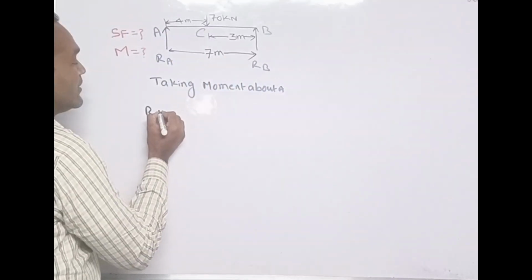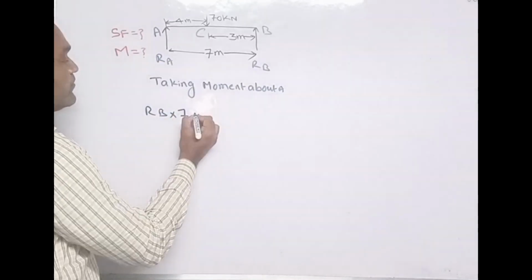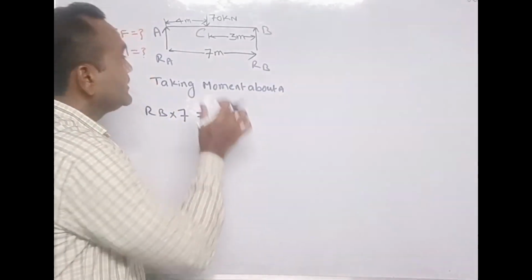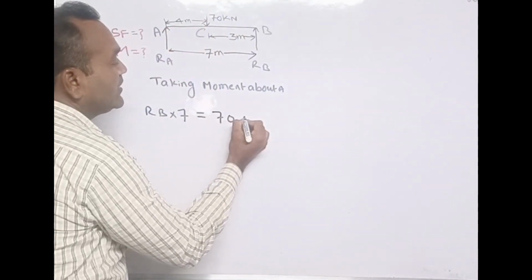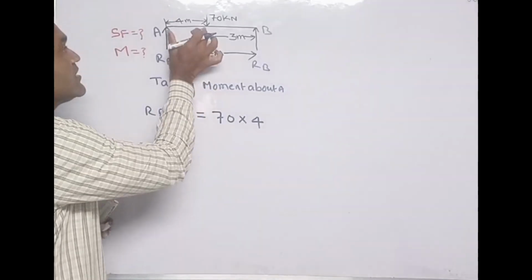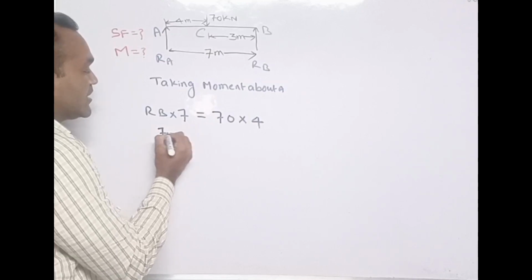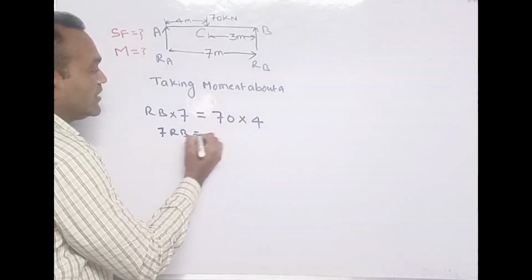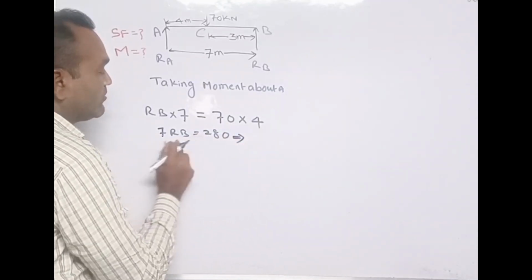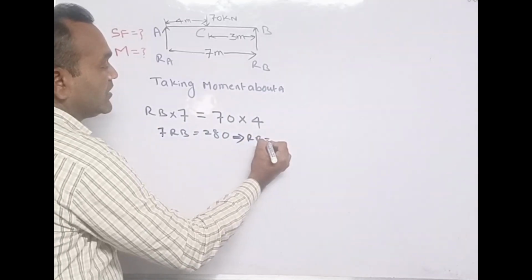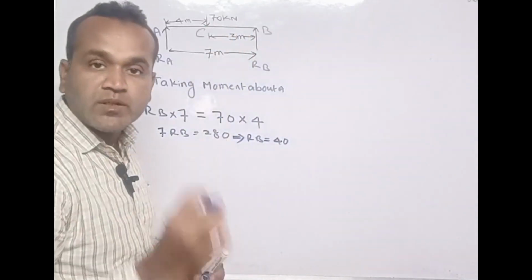I will write RB times 7 equals to 70 times 4. 70 times 4 means this distance. Let us simplify this. 7 RB equals to 280, and if you simplify further, RB equals to 280 by 7, it will be 40.